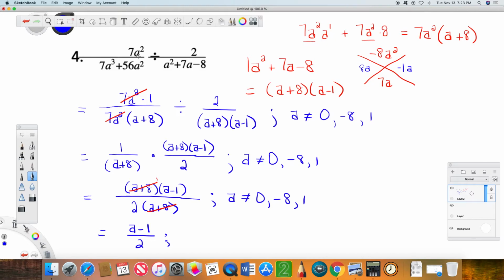From the beginning it would never reduce to that if we didn't have these restrictions. If a were allowed to be 0, there's no way it would reduce to this. If a were allowed to be negative 8, it would be undefined. If it was allowed to be positive 1, we'd have trouble. All right, so here's our final answer.